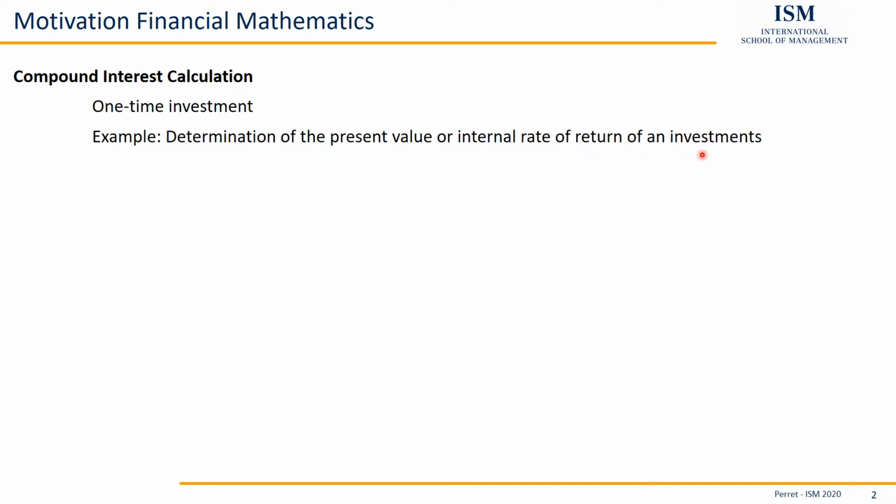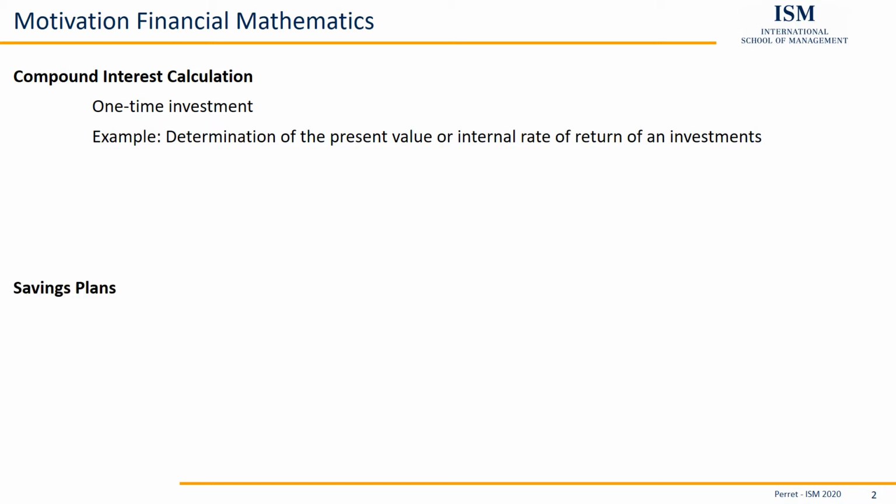So what would have been the interest if you got the same result in a bank? That's the internal rate of return. Those are the questions which you could ask in the context of this compound interest calculation. As I said, here, however, it's always about a one-off payment.